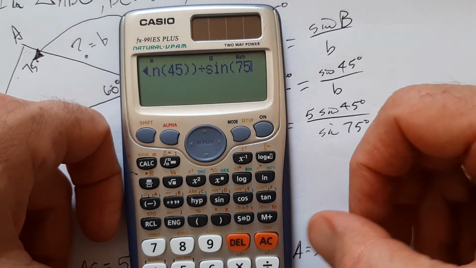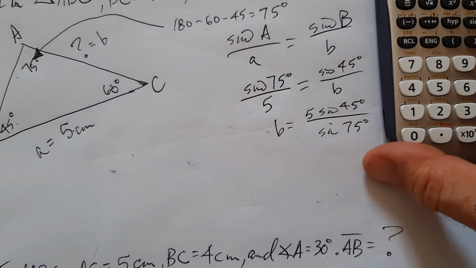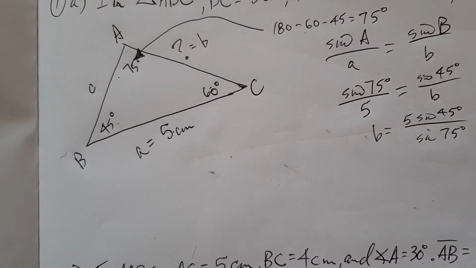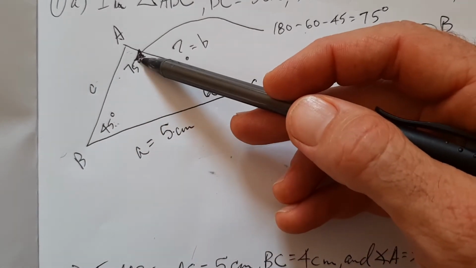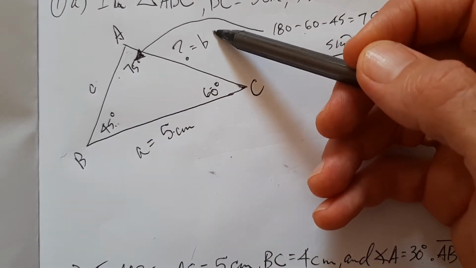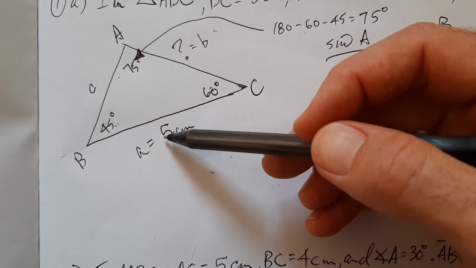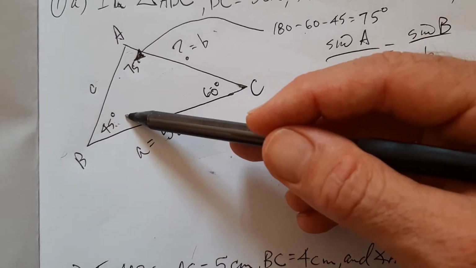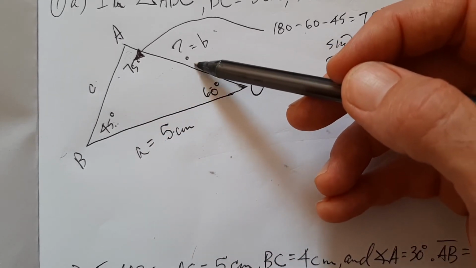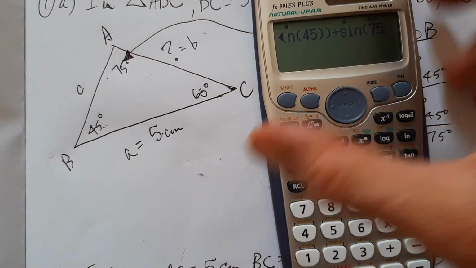Now, before I press a button here, let me guess at this and see what I think. I think since 45 is smaller than 75, b will be smaller because it's opposite the smaller angle. They are opposite the bigger angle here. 5 is the biggest side in the thing. So my answer for b should be less than 5.